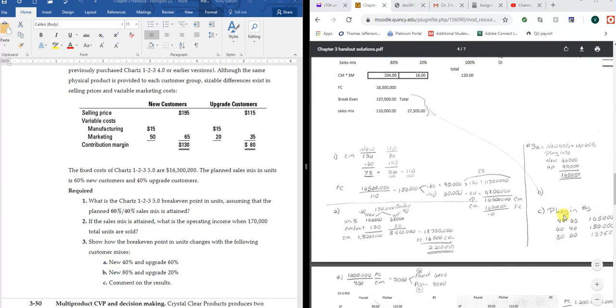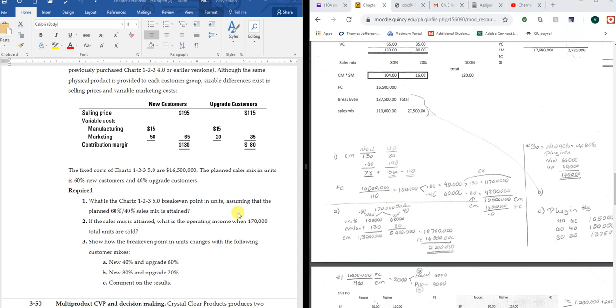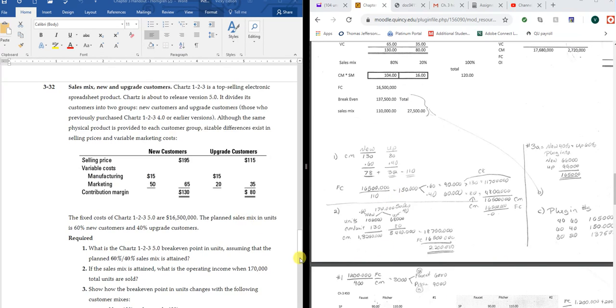So that's what I did down here. If you plug in 40 and 60, you get 165,000. If you plug in 60 and 40, you get 150,000. If you plug in 80 and 20, you get 137,500 for break-even total. So that's really what that has to do with. Okay, so that's all there is to number 32.